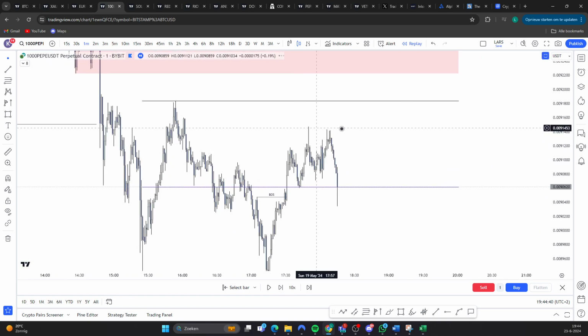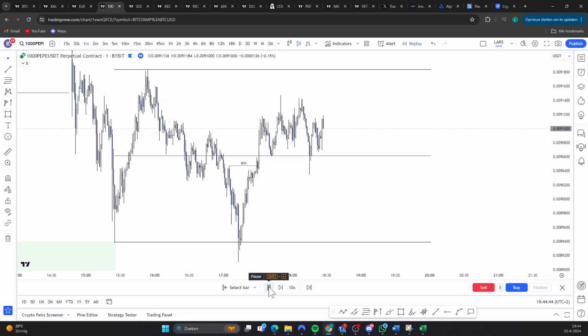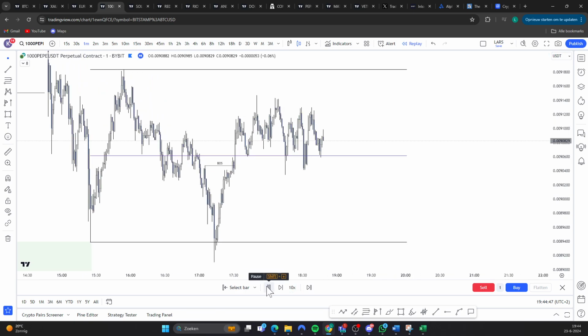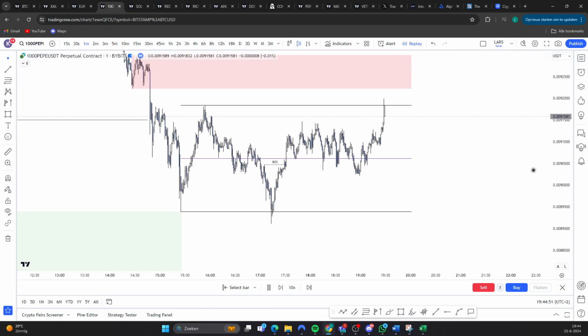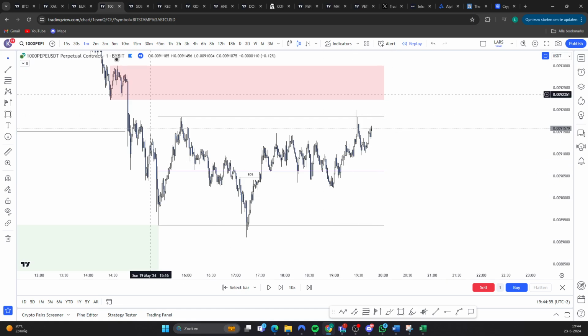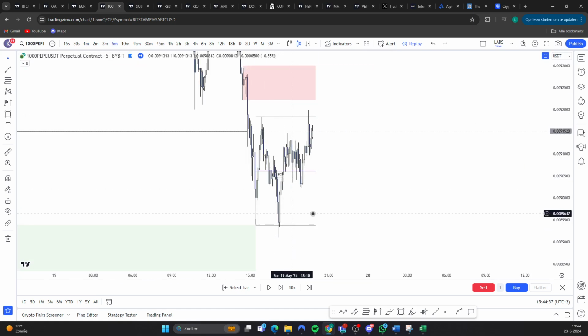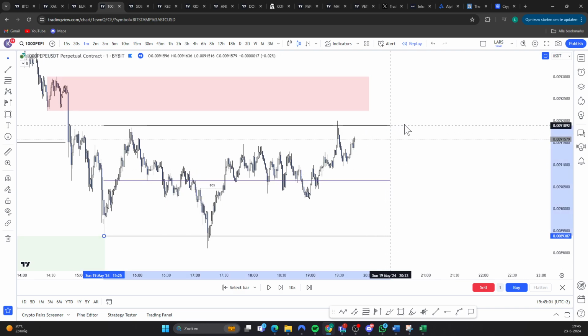Local distribution here, but coming into demand now. Okay, this is typical price action for a Sunday, or for a weekend, I should say. Oh, and we took the high. Was it the fifth? Nice. Let's see how it develops from here.